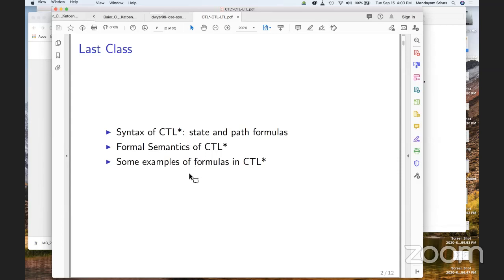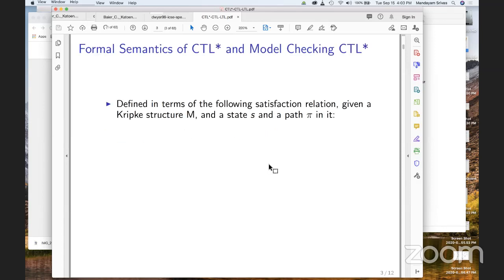We saw some example formulas of state formulas, path formulas, and formulas in CTL star. So CTL star is a state formula eventually at the top level.